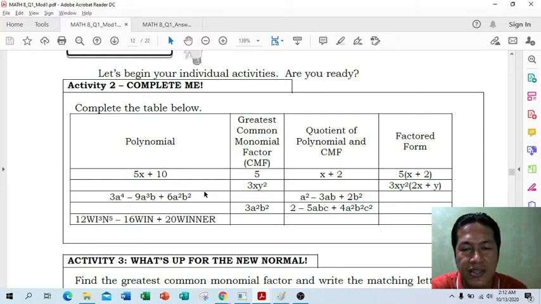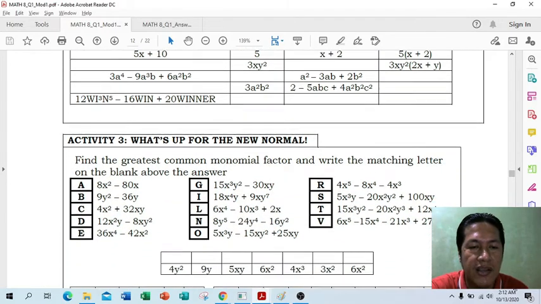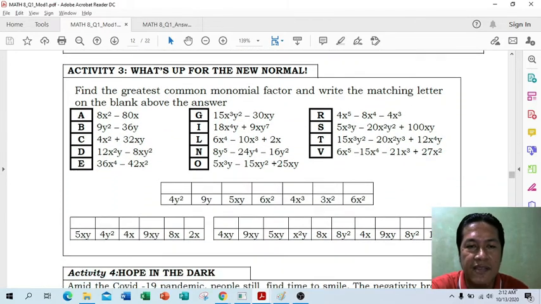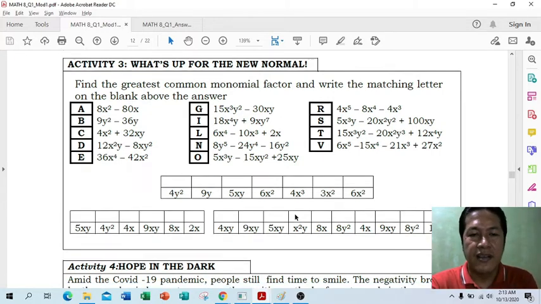Fill in the others. This is the activity. Activity 3: find the greatest common monomial factor and write the matching letter on the blank above the answer. Okay.